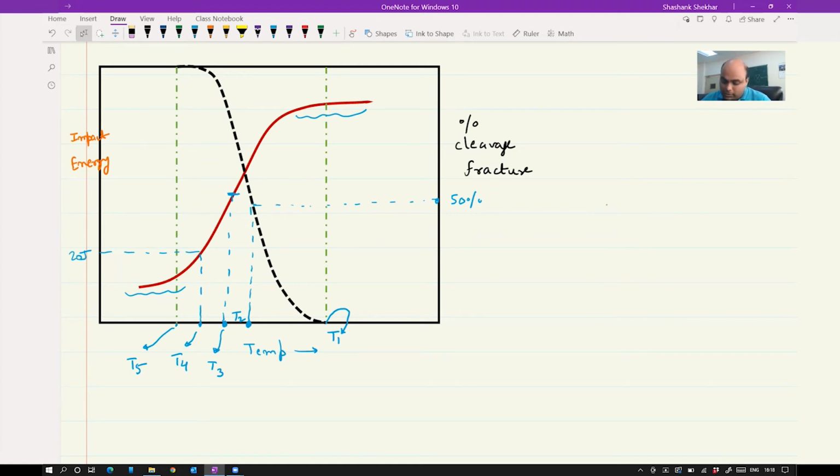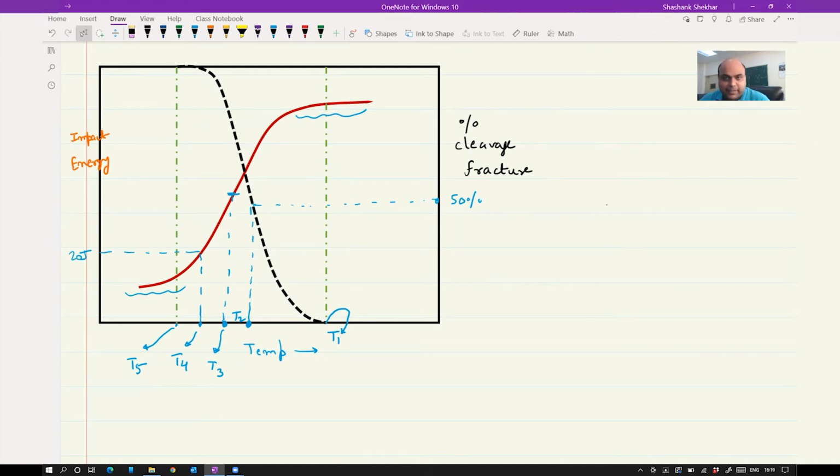Now T3 and T4 will be based on the red curve, the impact energy versus temperature curve, where T3 is the average of the upper shelf temperature and the lower shelf temperature, and T4 is called the ductile transition temperature, which is defined as a temperature where the impact energy is 20 joule, a specific value. So this is how we define the transition temperature.